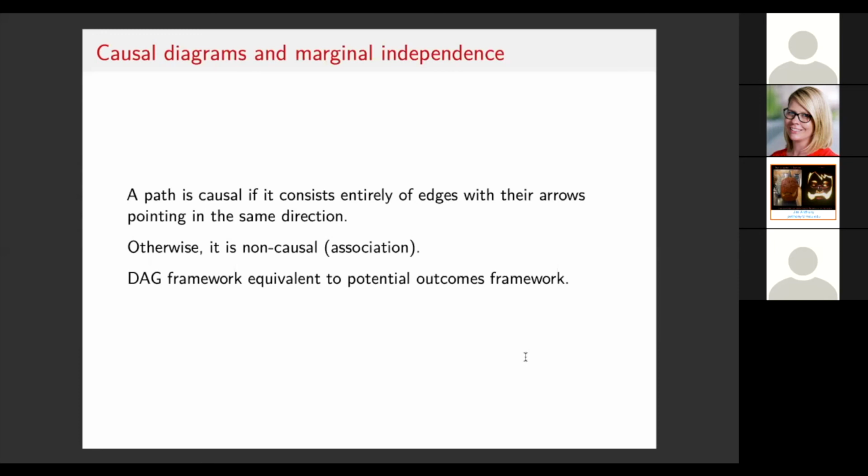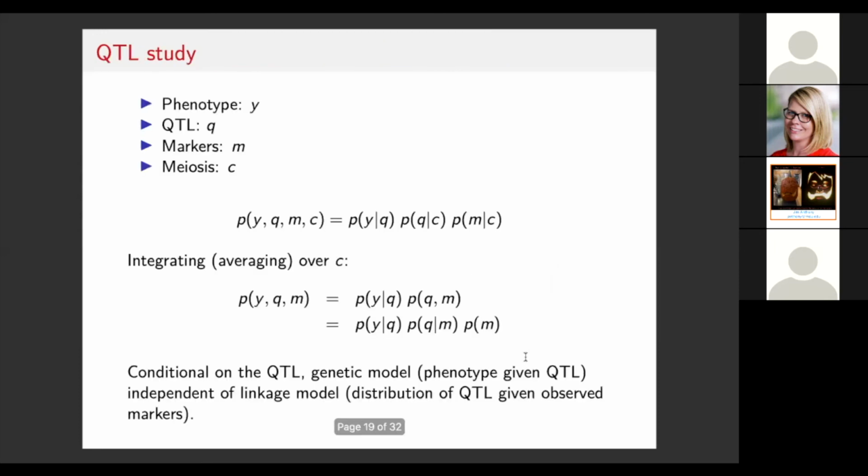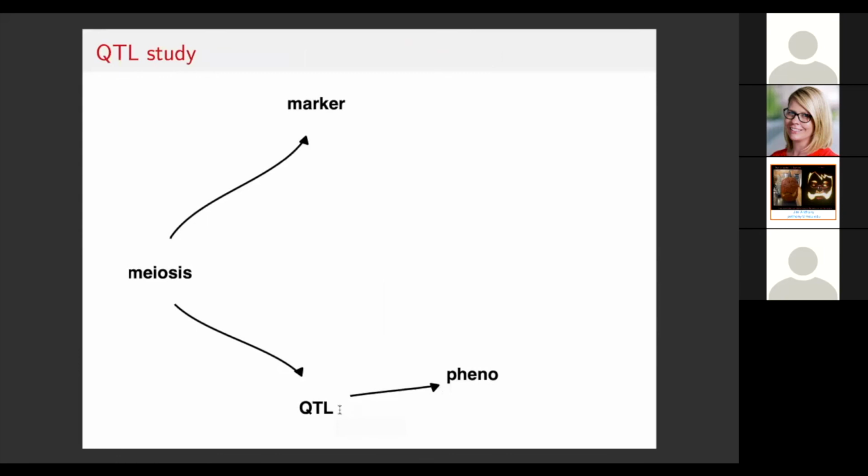Otherwise, it's non-causal, or it is association. So, for example, the meiosis is causing the state of the QTL, and so the meiosis to phenotype is a causal arrow, but the QTL and marker are associated. They are not necessarily causing, or you can say that they are causing each other.